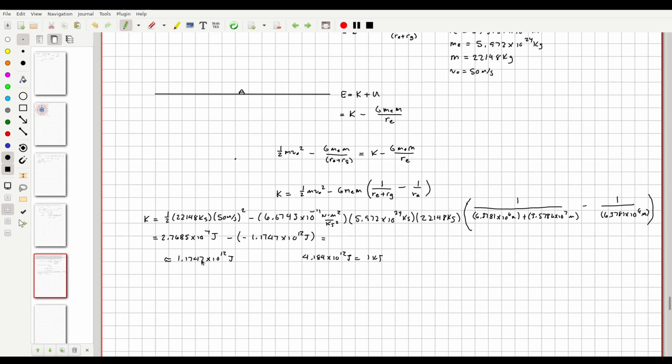So if you were to convert this to kilotons, you end up with this being something like 0.2808, we'll say, kilotons. Now, so why kilotons?